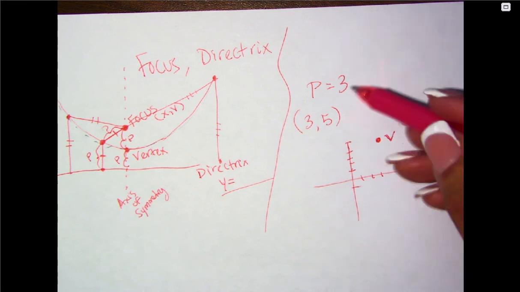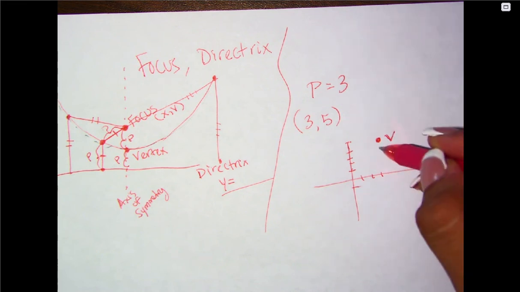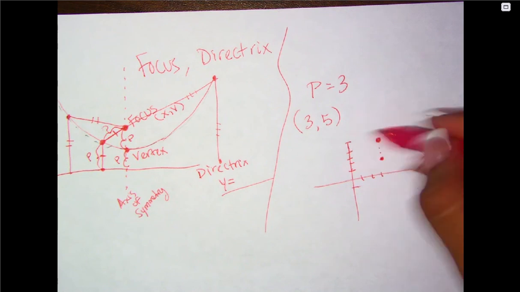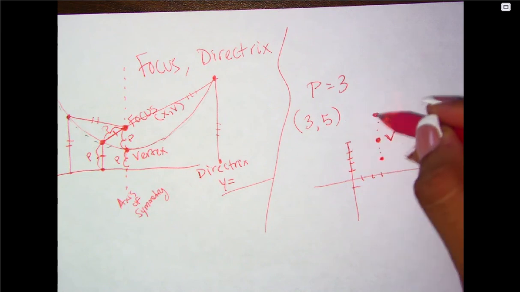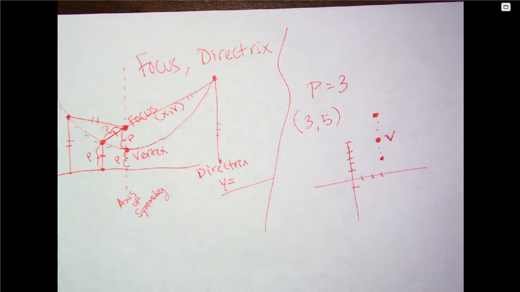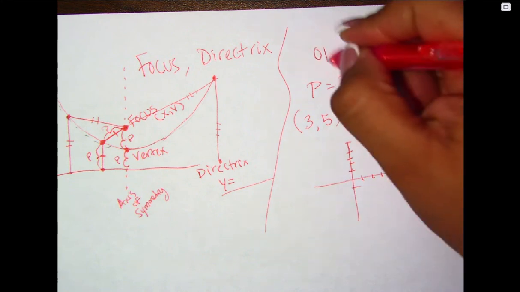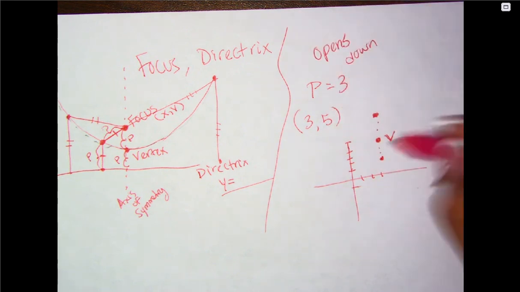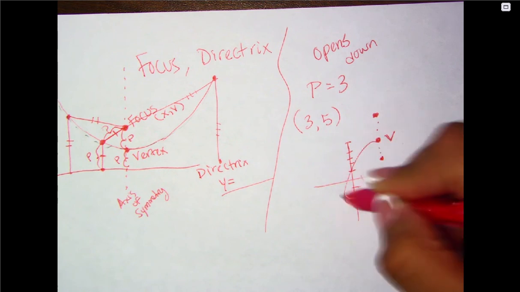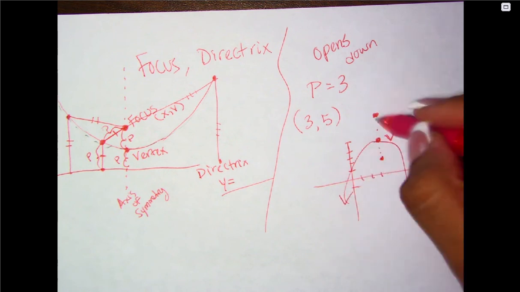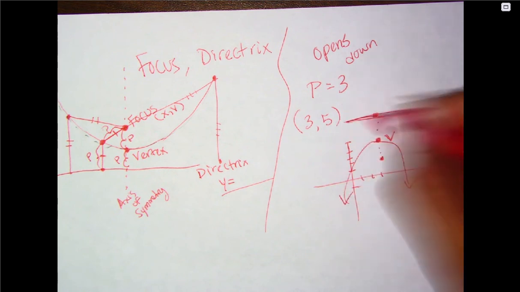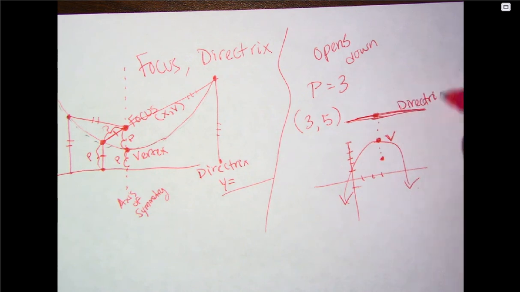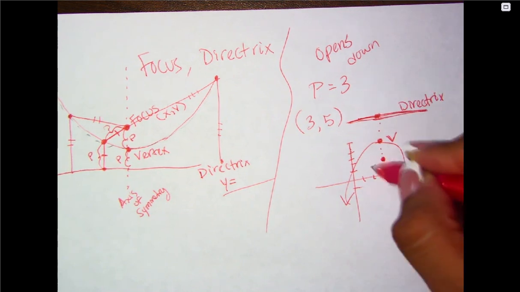If we have a p-value of 3, that means we go 3 spaces down: 1, 2, 3, and 1, 2, 3. Again, it's just a sketch. If I then tell you that this parabola opens down, you realize it's going to go this way, making the directrix up here, and the focus this inside point.